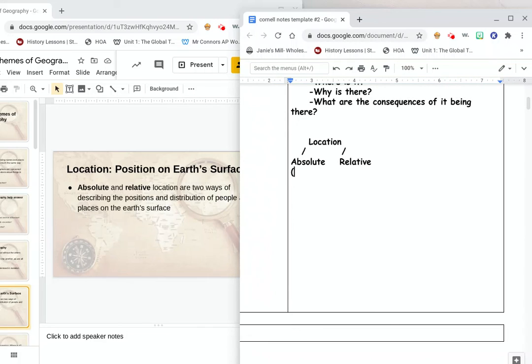Absolute location is going to describe where it is positioned in terms of coordinates, or latitude and longitude.